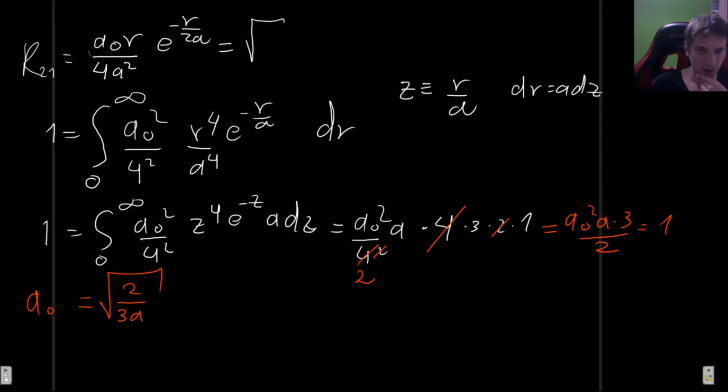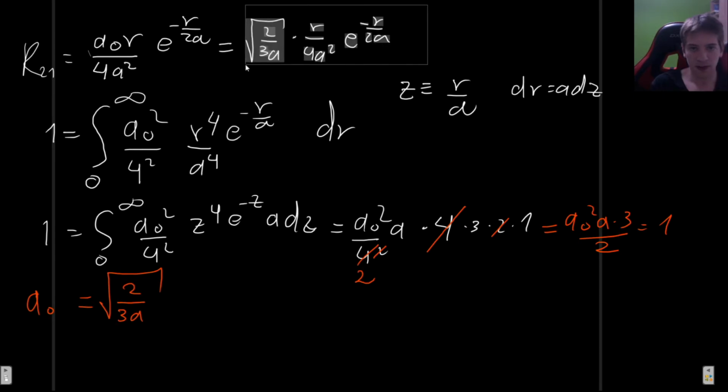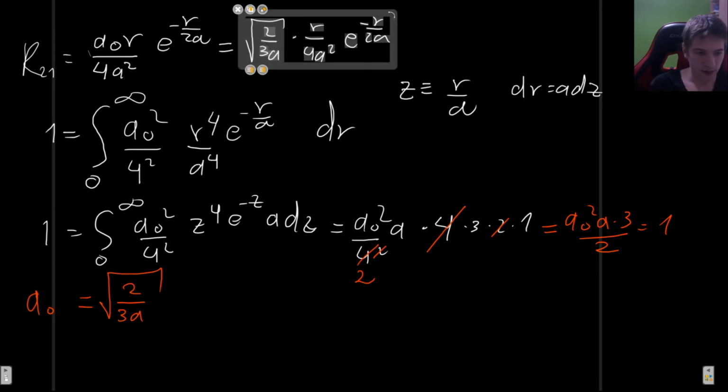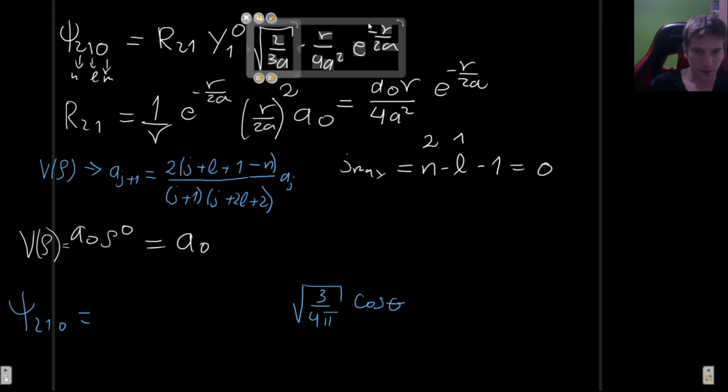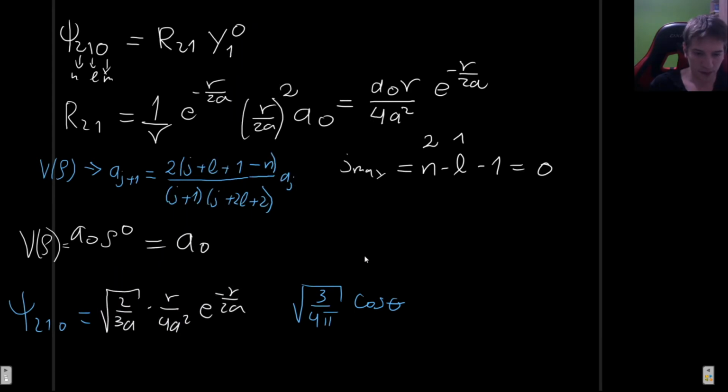So we're going to get square root of 2 divided by 3a times r divided by 4a squared e to the minus r divided by 2a. So let's now take this here as well and multiply it all together.